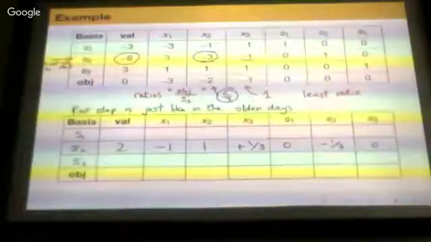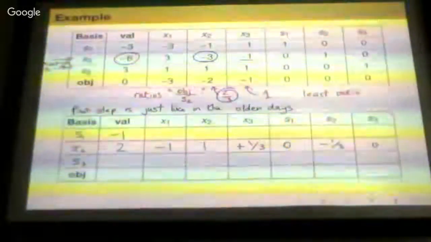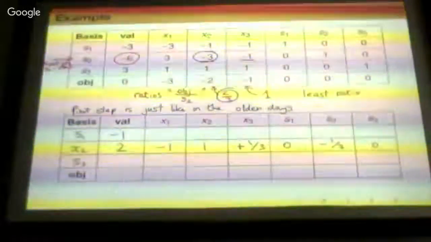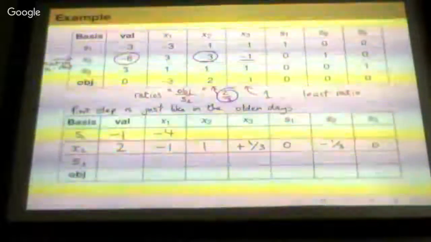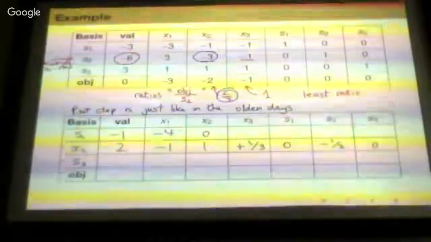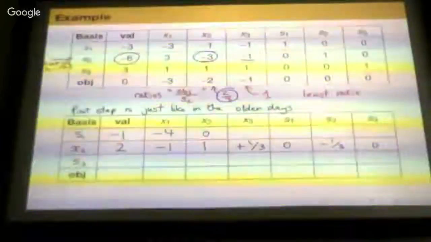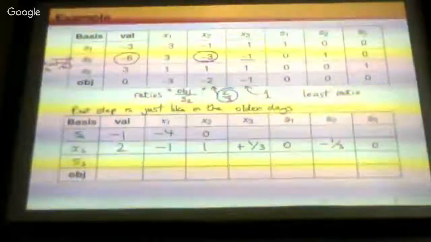So this is a -1, is that right? -3 plus 2. -3 plus -1 is -4. What's next? That's the one that I want to be 0.